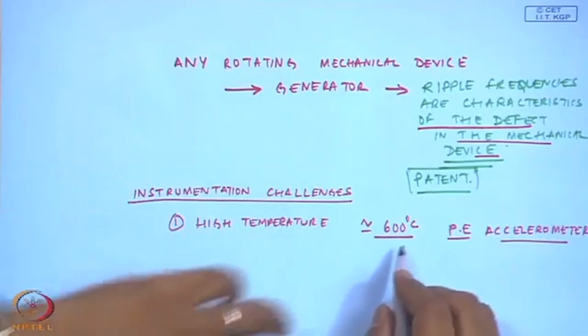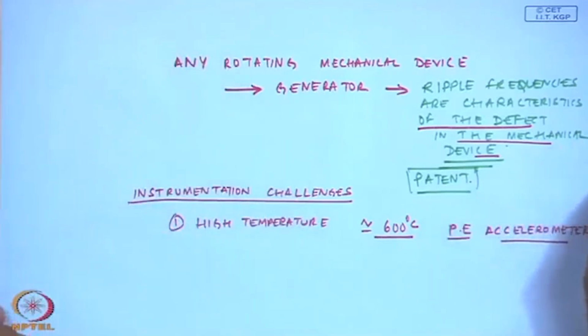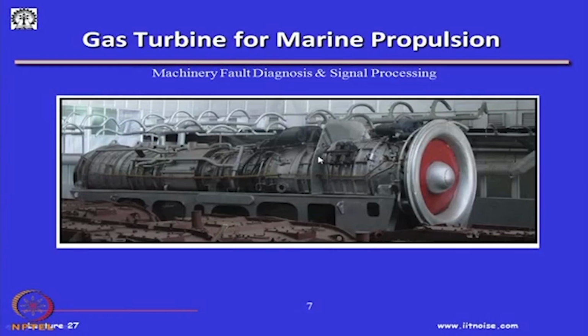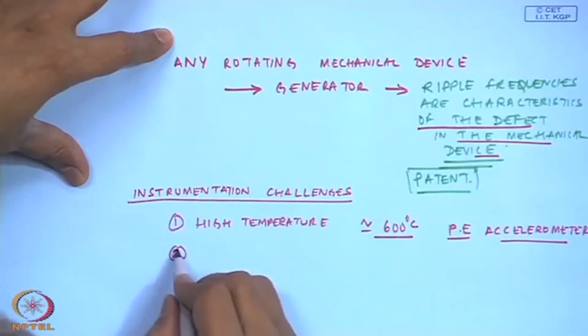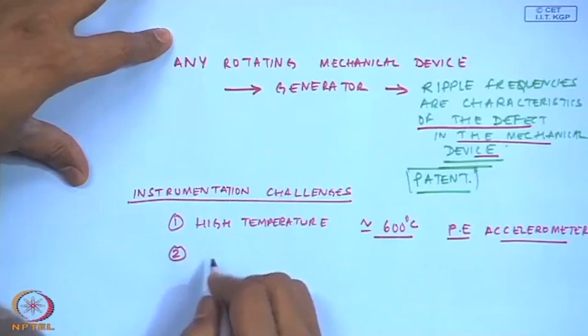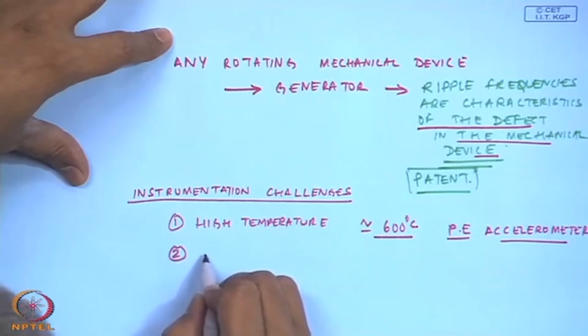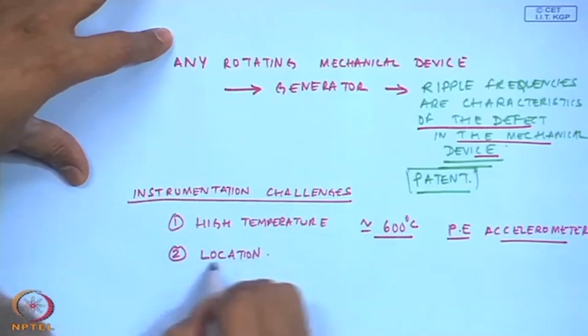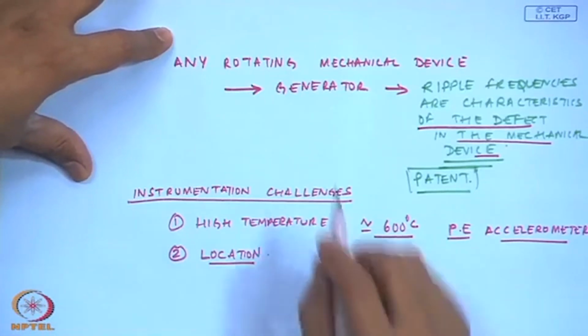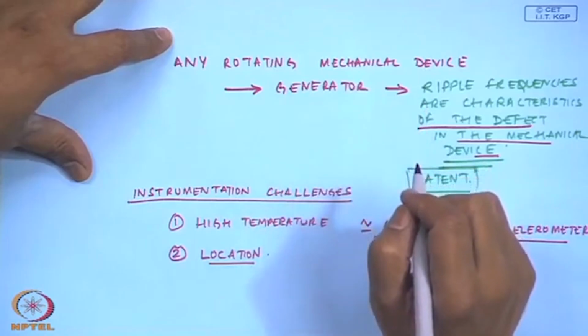They can be mounted permanently also, but again the problem here is these temperatures could be even higher than 600 degrees Celsius. So, that is one issue, the temperature, and then how do you lay the cables, and the location becomes a problem. Because I cannot be close to the bearings.